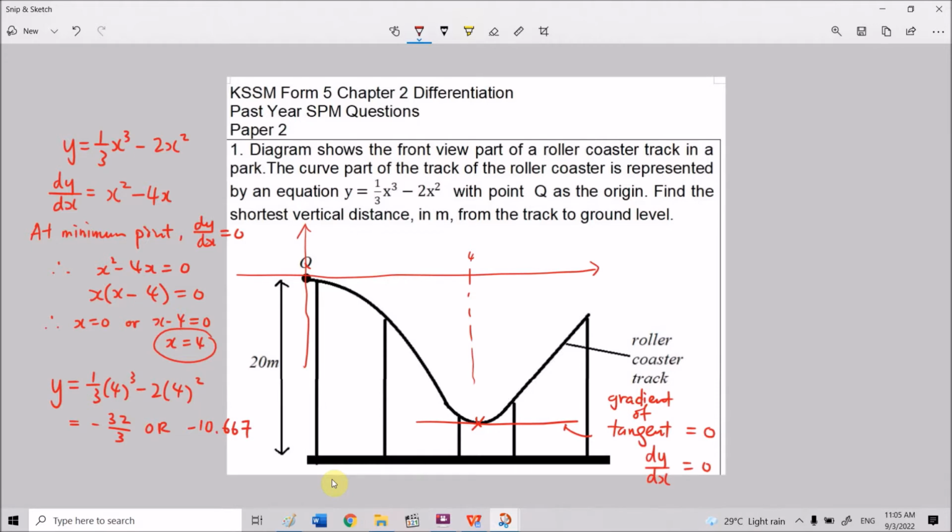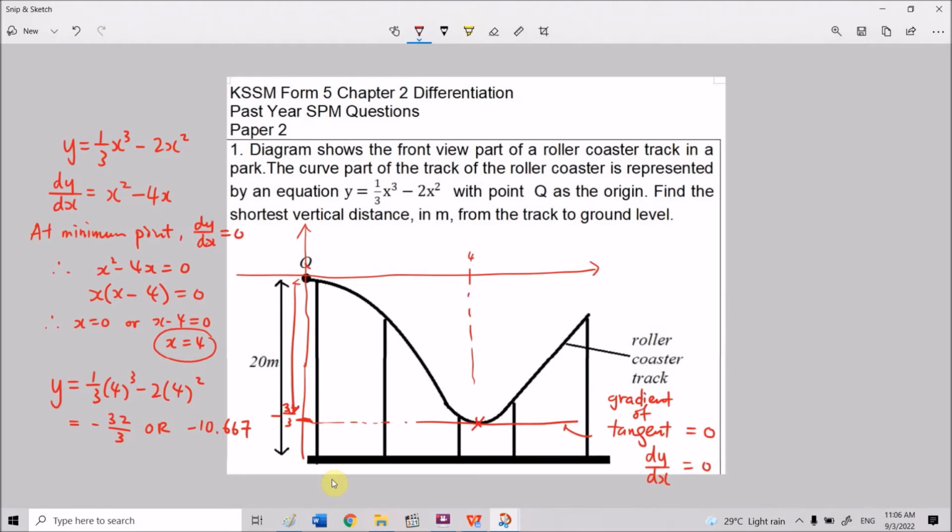In this case, I'm using the fraction here. But this is not the final answer because we only get the y coordinate, which is the y value, which is here. Here is negative 32/3. But then we still have to take 20 meters minus this, because the 32/3 here represents the distance from here until this point.